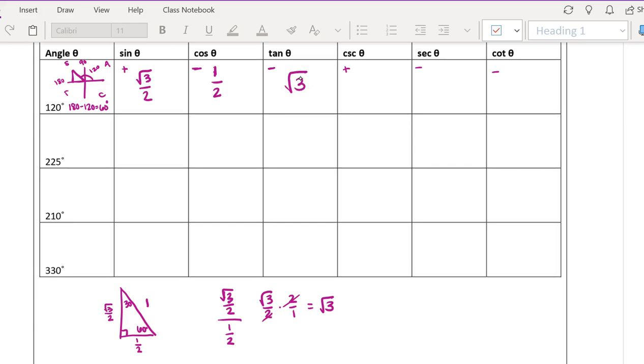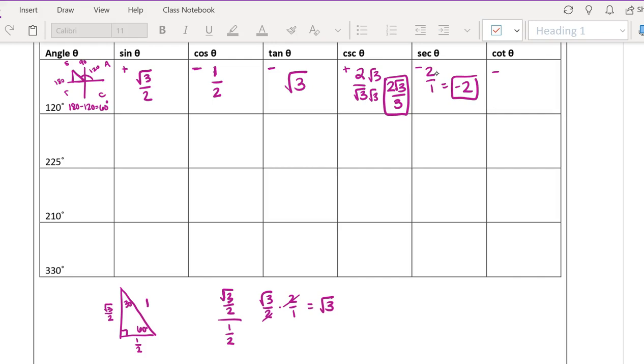The cosecant is the reciprocal of sine, so that's 2 over the square root of 3, but I have to rationalize it. So we get 2 root 3 over 3, positive. The secant is the reciprocal of cosine, so that's negative 2 over 1, which is equal to negative 2.